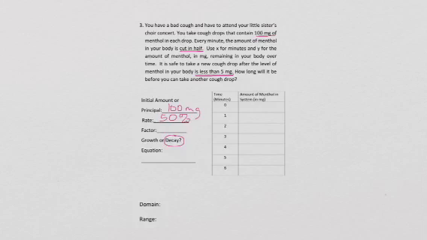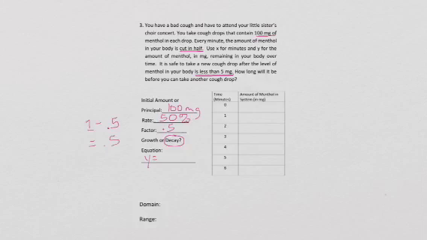Remember, if it's decay, it's 1 minus the rate, which in this case is 0.5. That's the same as 50%, or 1/2. So 1 minus 0.5 is equal to 0.5. So your factor then is 0.5.